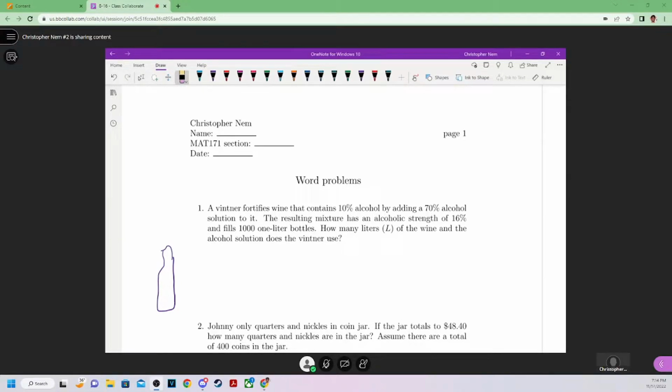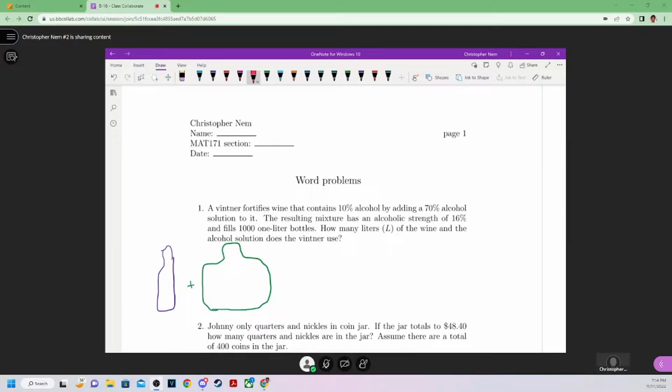Then we're adding a 70% alcohol solution to it. Whatever container I have, it has 70% alcohol. This guy has 70% alcohol.